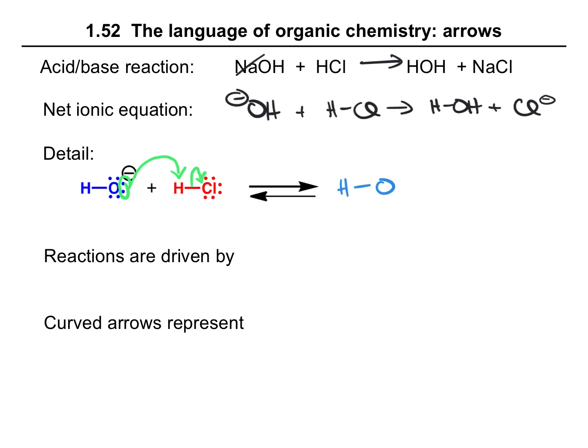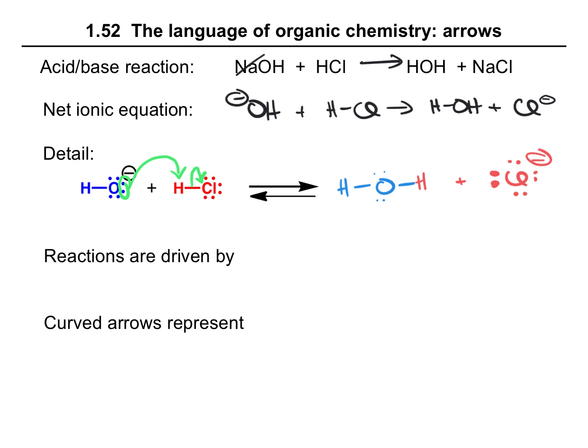So our hydroxide is now connected to the H that used to be connected to HCl, and the Cl is still connected to its 3 lone pairs it originally had, but now this pair of electrons exists on the chlorine as another lone pair, and chlorine has a negative charge.